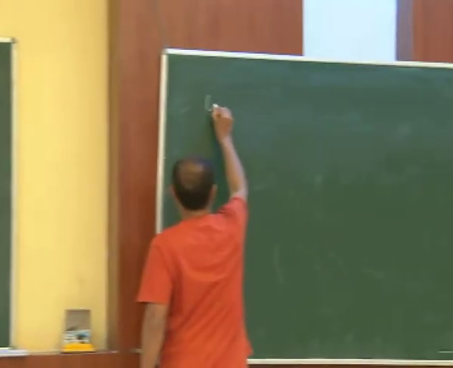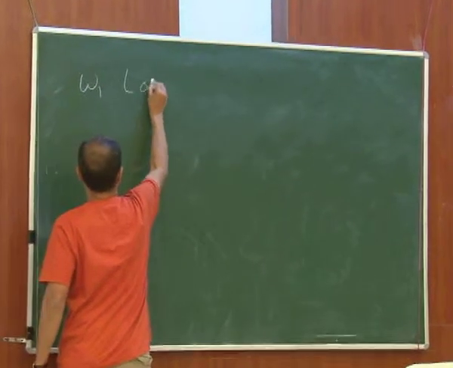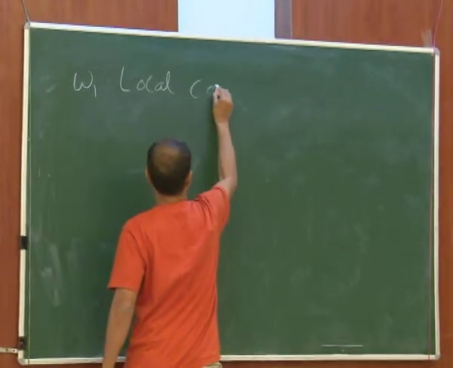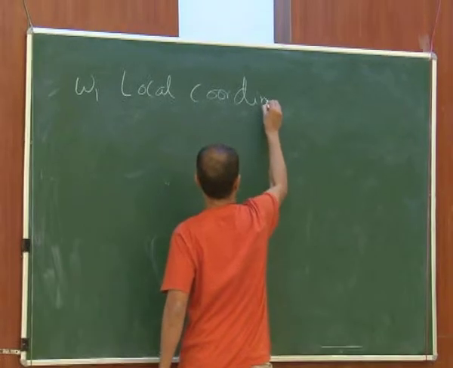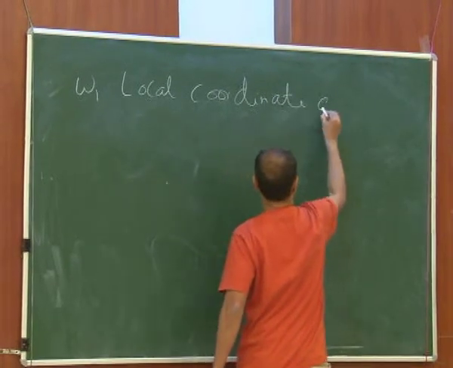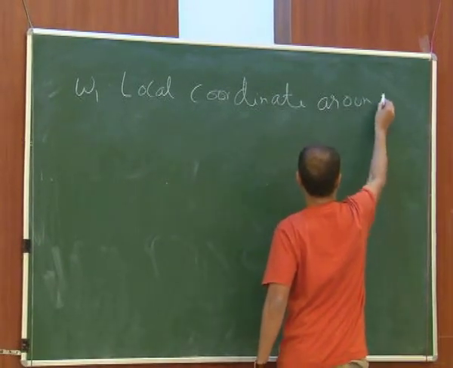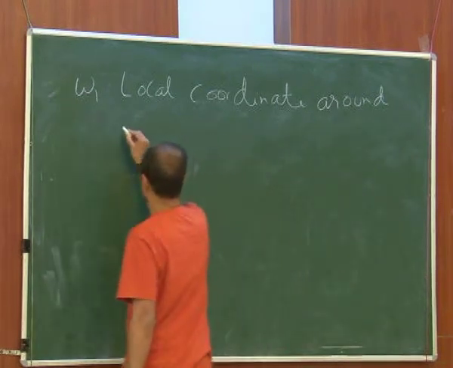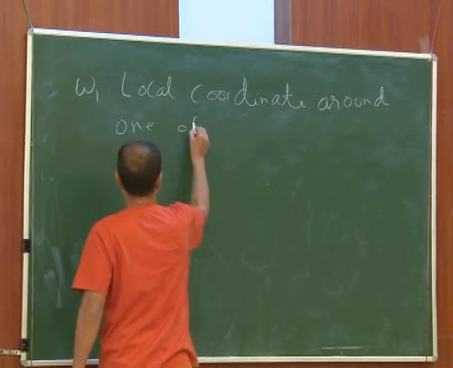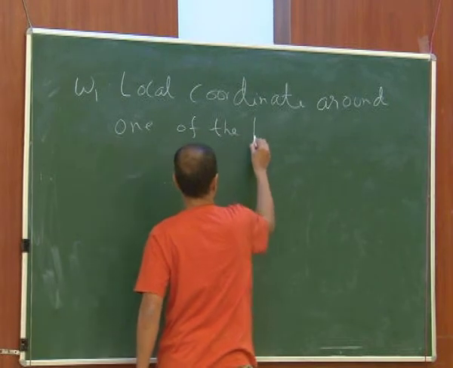Okay. So, suppose W1 is the local coordinates around the puncture of the first surface.